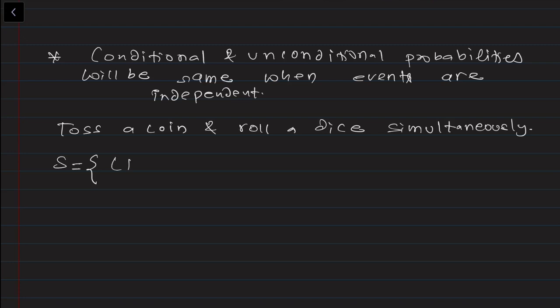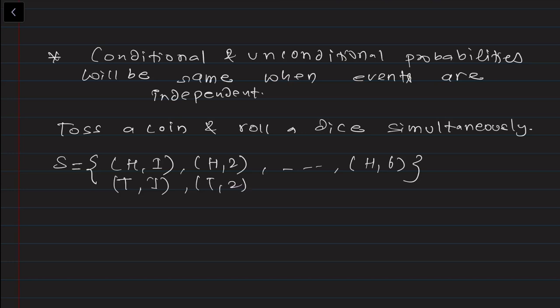The sample space is H can occur with either 1, 2, up to 6. Similarly, the tail can occur with 1, 2, up to 6, right? So this is the sample space.